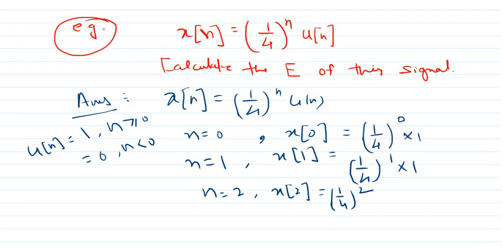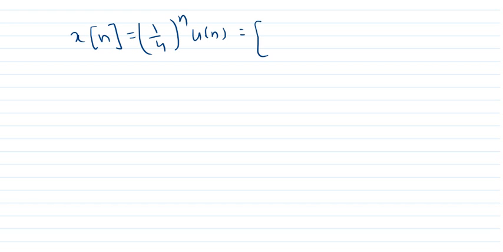So we can represent the signal xn equals 1 by 4 raised to the power n un as: for n equals 0 it is 1, for n equals 1 it is 1 by 4, for n equals 2 it is 1 by 4 square, for n equals 3 it is 1 by 4 cube, and so on.